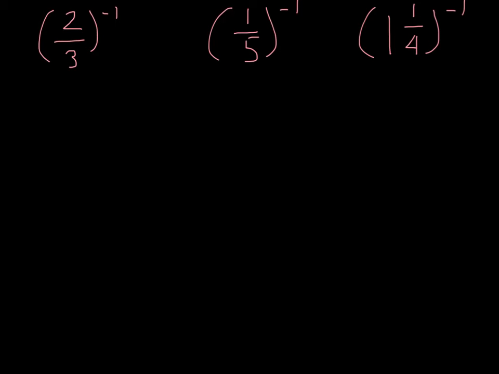Finally, let's look at these three questions involving negative indices. We know from the previous index laws that if we have a power outside the brackets, we need to raise everything in the brackets to that power, or multiply that power by that power. At the moment they're both to the power of 1, so it's not going to change the power. So if we expand, we're going to have 2 to the power of negative 1 over 3 to the power of negative 1.